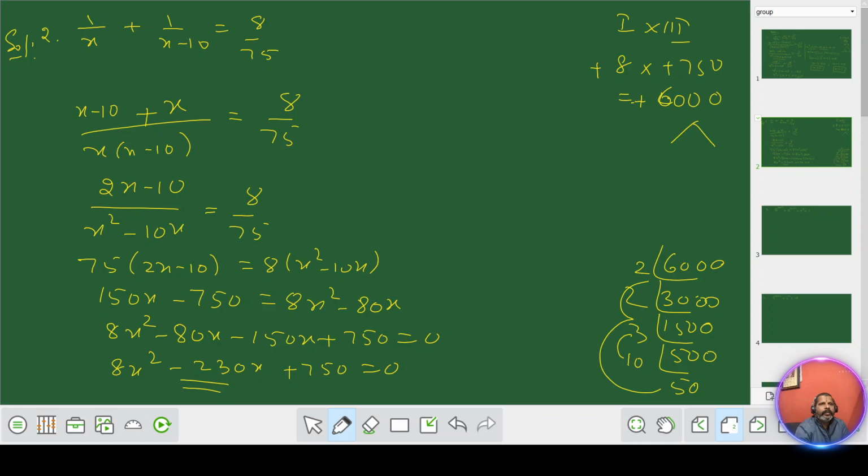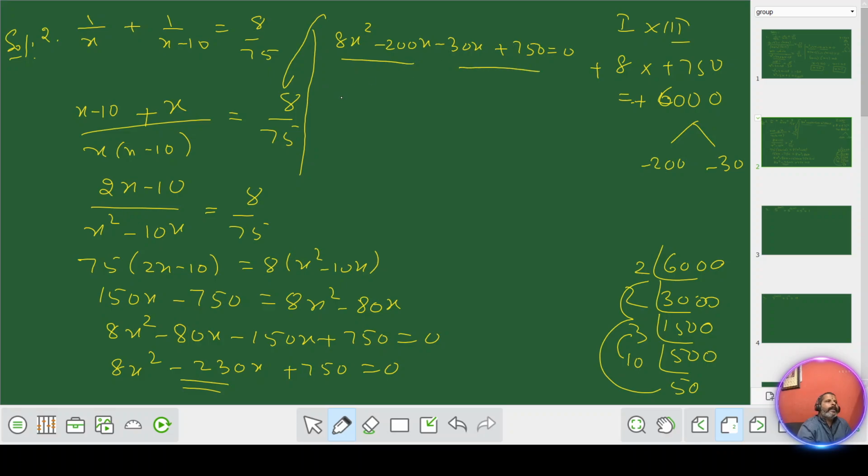Okay, so 230, minus is required, minus minus. Okay, now split it. 8x square minus 200x minus 30x plus 750 equal to 0.